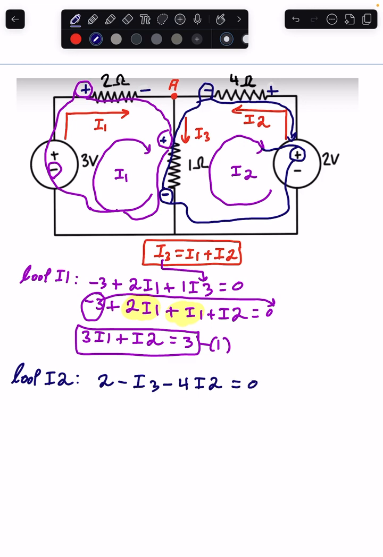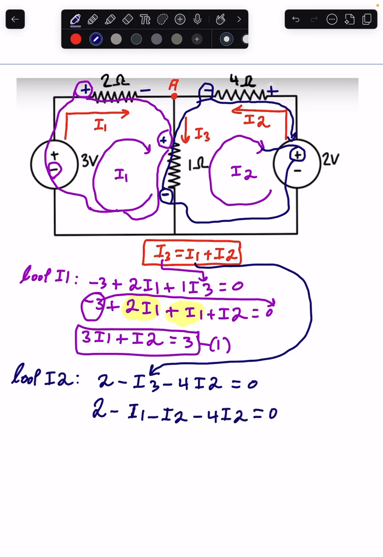We can also substitute I3 here. 2 minus I1 minus I2 minus 4I2 equals 0.